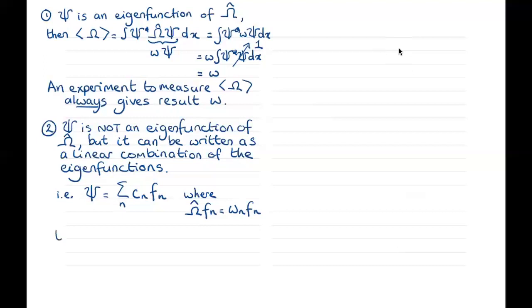Now let's calculate the expectation value of omega. And again, same expression, the integral of psi star times the omega operator times psi over all space. And we'll substitute psi star equal to a summation and psi equal to this summation.